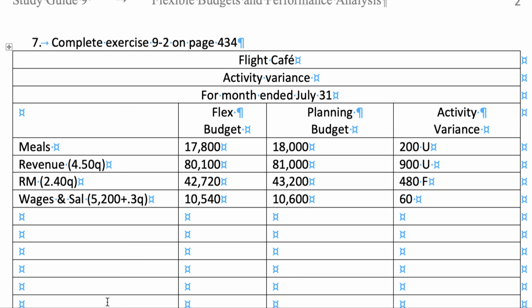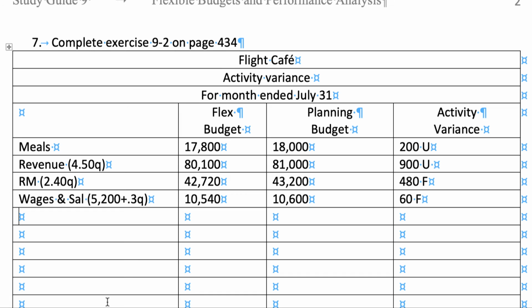So that's a difference of $60, right? We're favorable because we spent less than we had planned to spend. But again, the reason for this difference is the difference in activity, right? Those 200 meals that we had planned for, we didn't hit that production level. We fell 200 meals short.